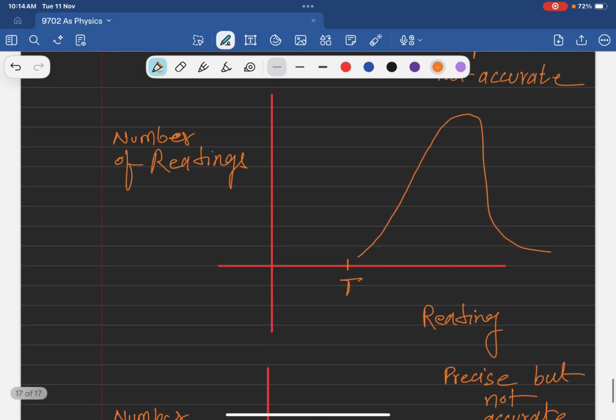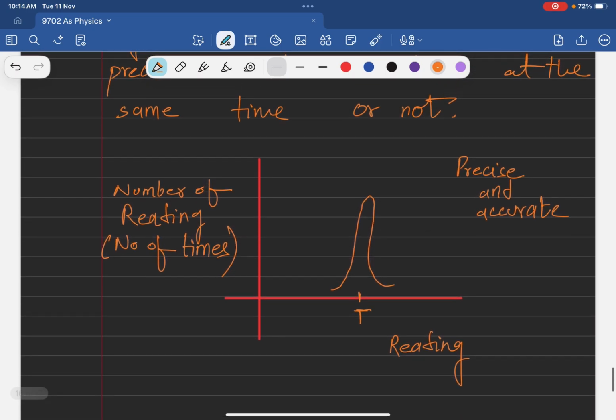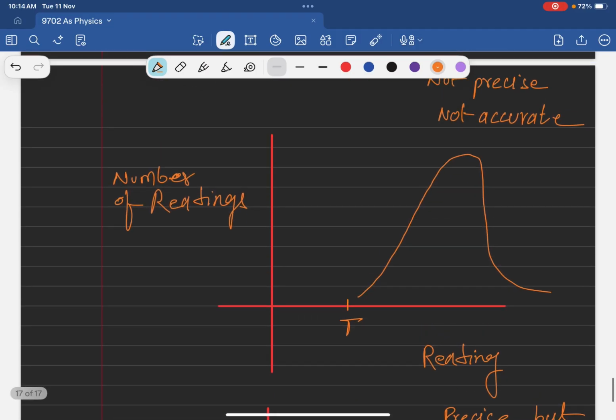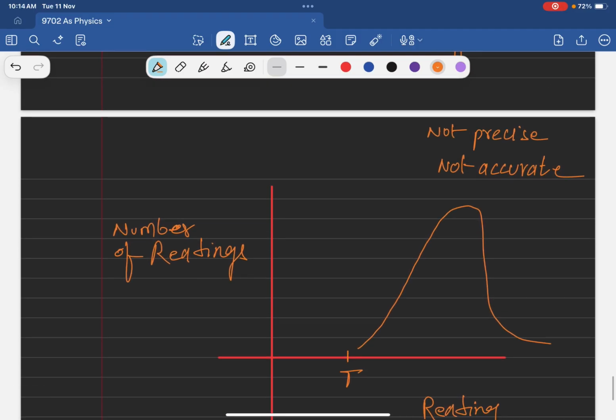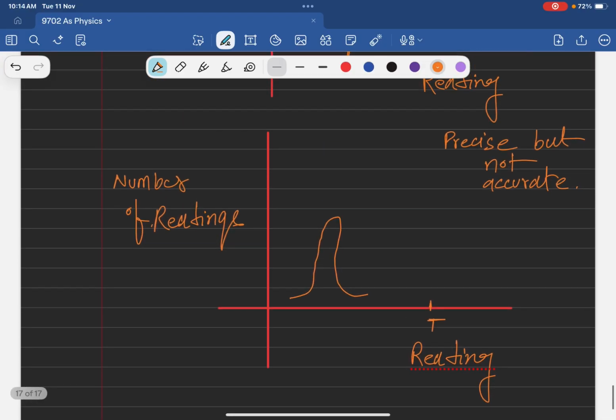So understand this thing about accuracy and precision. It can be precise and accurate at the same time. It can be neither precise nor accurate at the same time. Sometimes it can be precise but not accurate. So that's how the topics of precision and accuracy in measurements go.